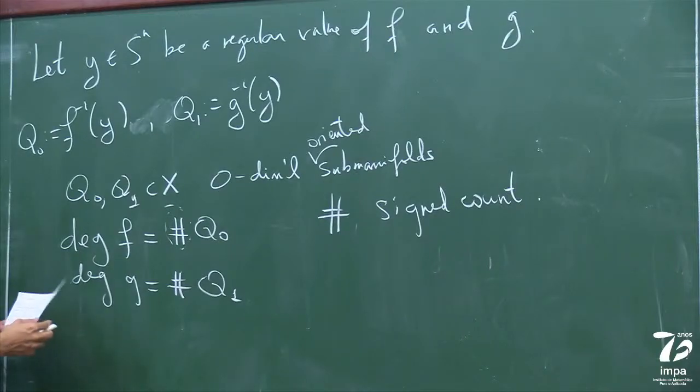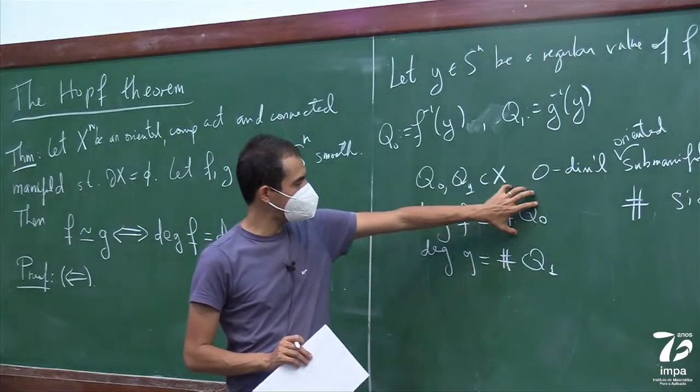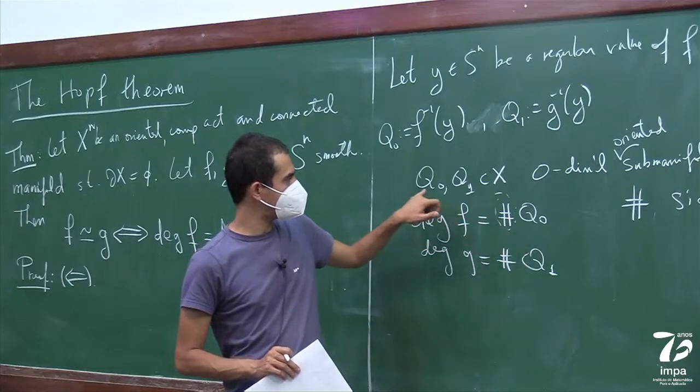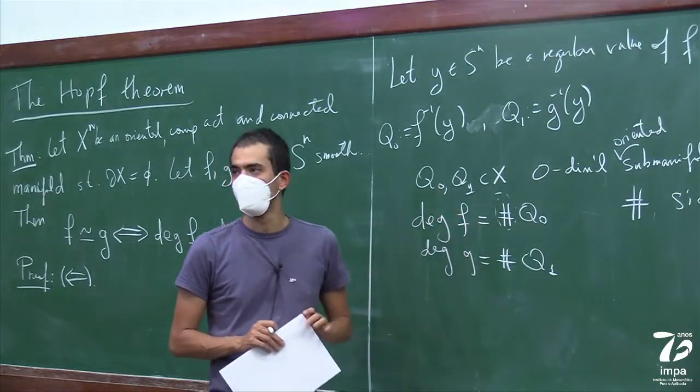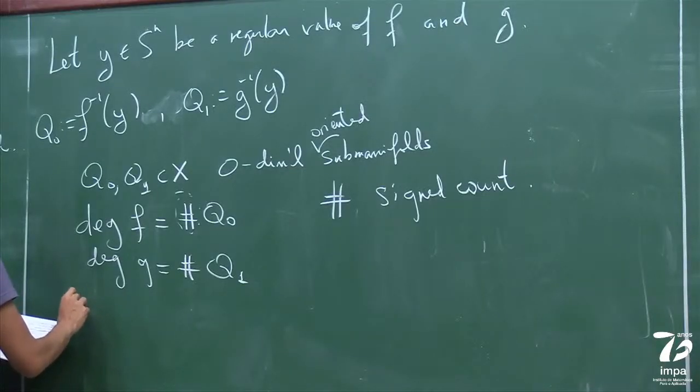So the way that the proof goes is, we're going to construct a homotopy of two different functions, an f tilde and a g tilde, that have the same submanifolds q0 and q1. I guess there are going to be three steps.